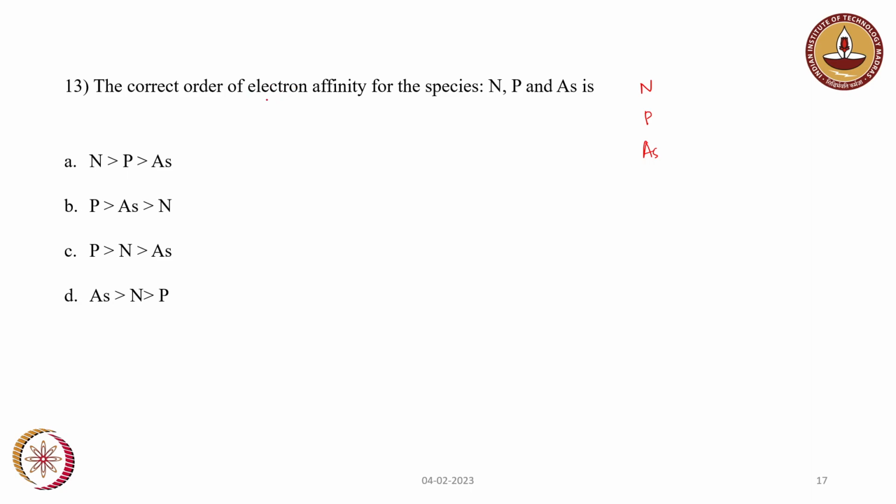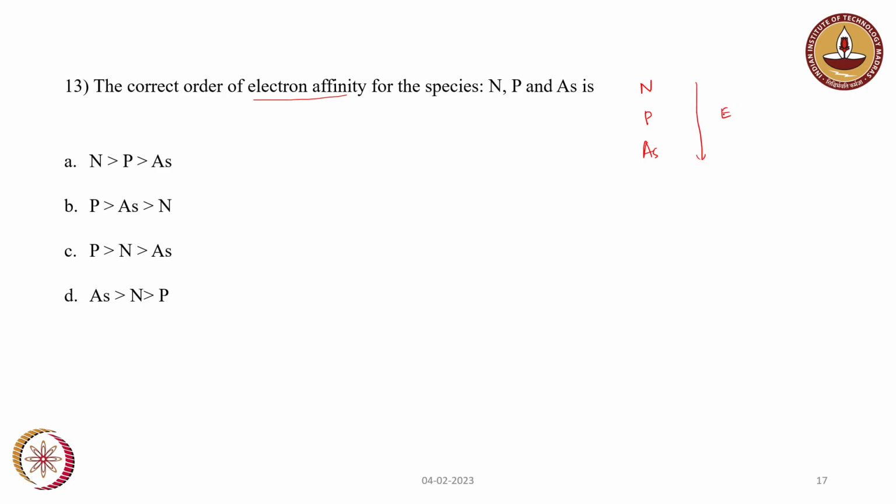We are asked to find the electron affinity order. When we move down the group, the electron affinity will be reducing, since the size is increasing and the effective nuclear charge is decreasing.